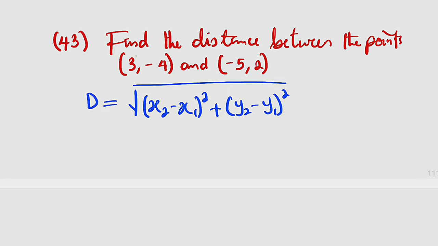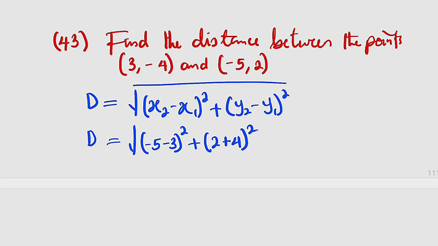Let me call this one x1, y1, x2, y2. So let's substitute. D is equal to the square root of x2 is -5 minus x1 is 3 whole squared plus y2 is 2 minus y1 is -4. So that minus will transform this to positive whole squared.